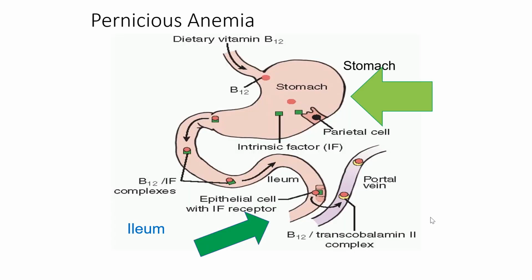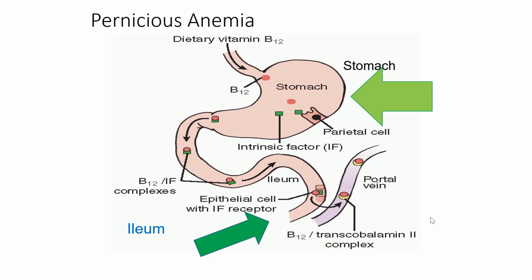Now, pernicious anemia. Again, I don't know how that got in there. I'm sorry. This is hypoproliferative diseases, not hemolytic, right? Pernicious anemia is due to a loss of the intrinsic factor by the parietal cells in your stomach.